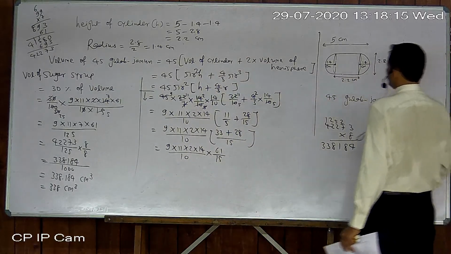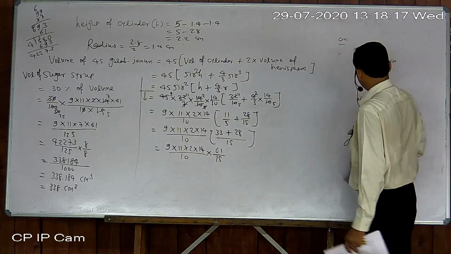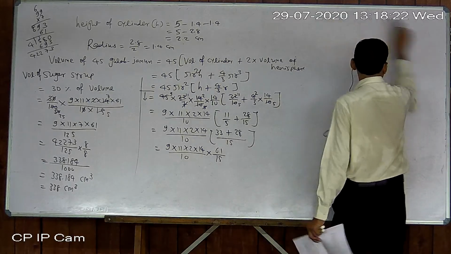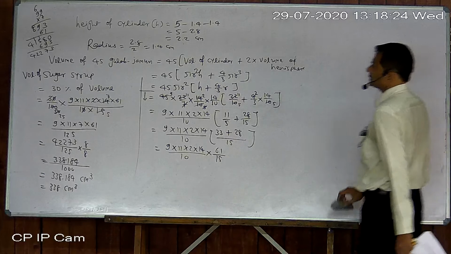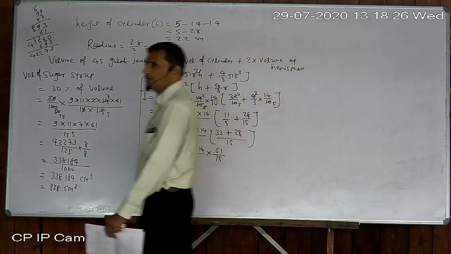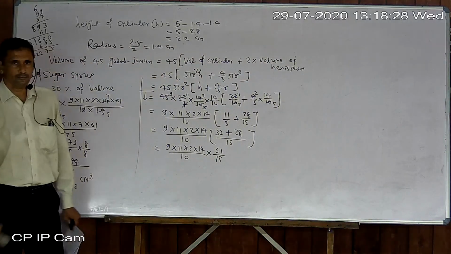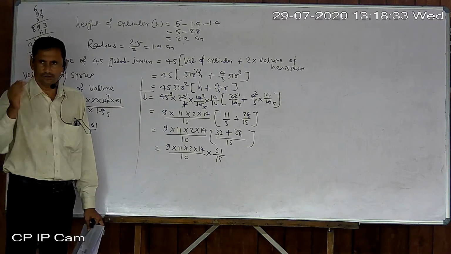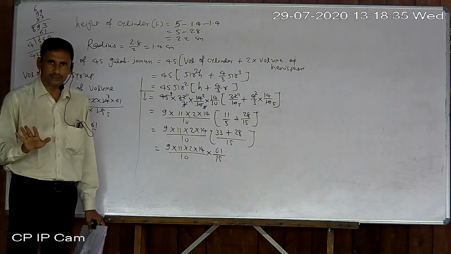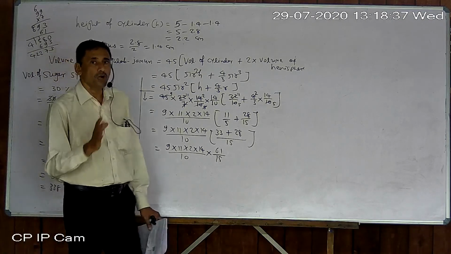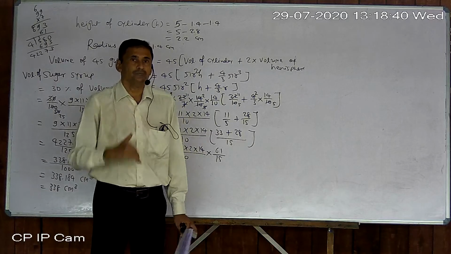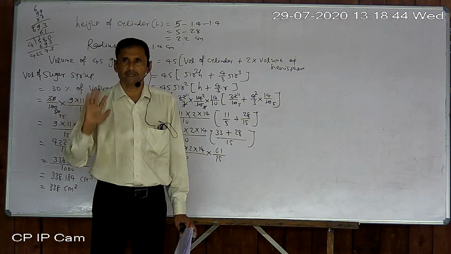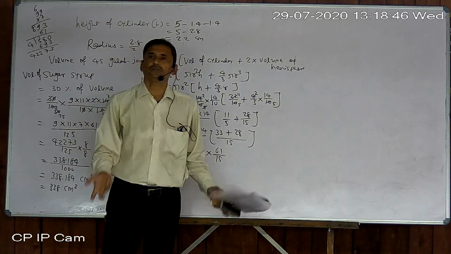So here the figure is also given, so I think no need to draw the figure of the pen stand. But you understand how to find the volume of wood from the cuboid. The cuboid's volume is length into breadth into height. Very simple, no complication. Out of the volume of the cuboid, you just remove the 4 conical parts. The remaining part is nothing but wood.